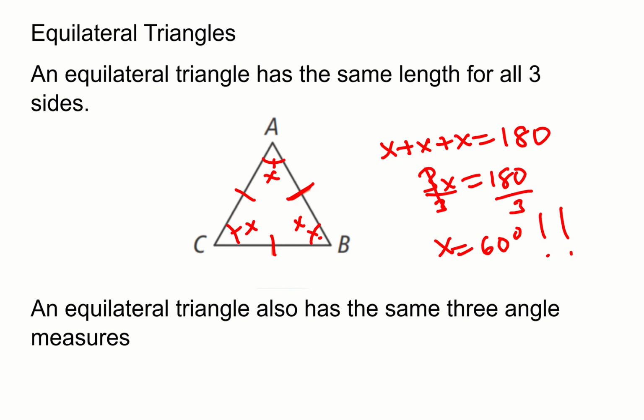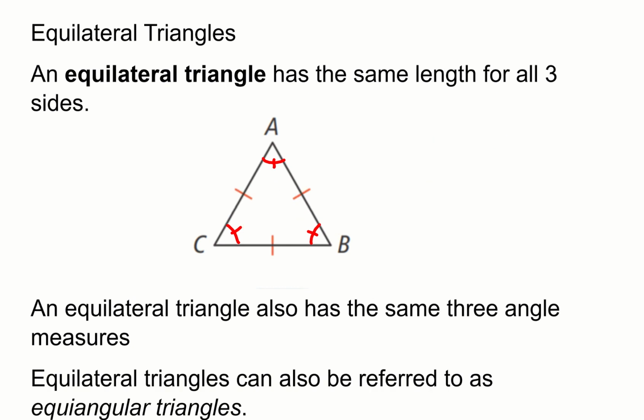So an equilateral triangle has all the angles being 60 degrees. An equilateral triangle is also known as an equiangular triangle because of the same angles. So equilateral or equiangular, those are in this case synonymous.